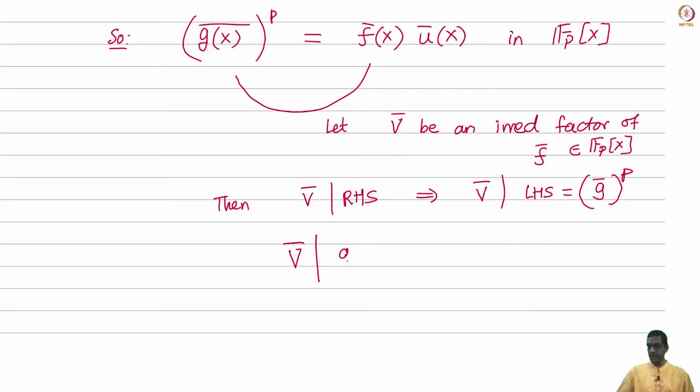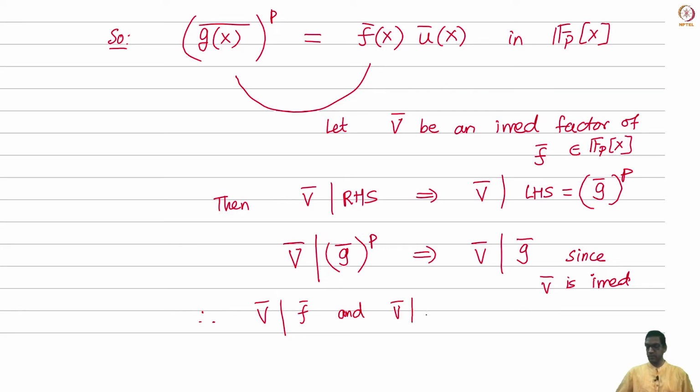If v bar divides some power of a polynomial, then since v bar is irreducible, v bar has to divide that polynomial itself. Therefore v bar is common to both f bar and g bar. So v bar divides f bar, that was our assumption, and v bar must also divide g bar.